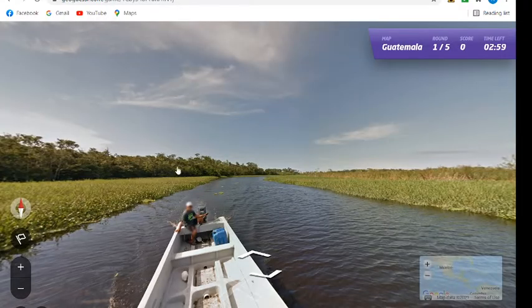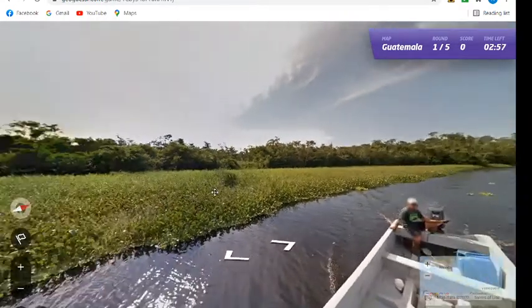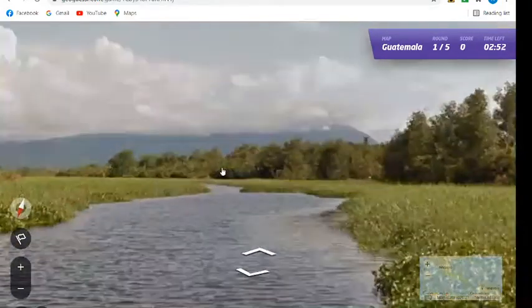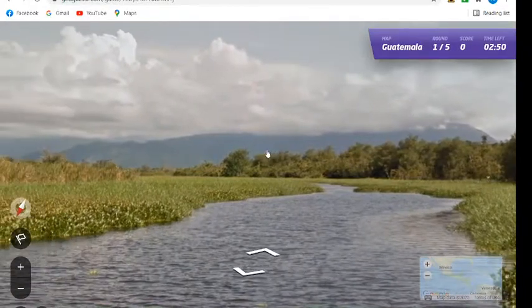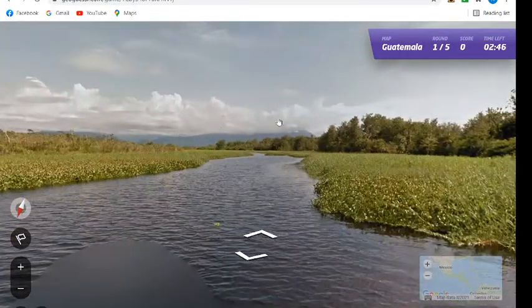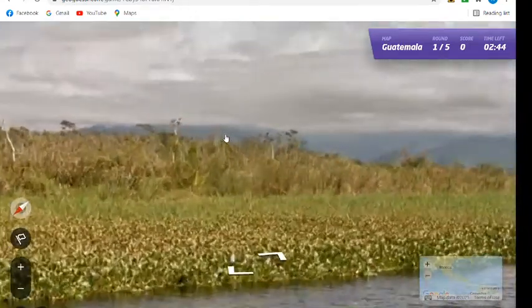All right, so we're in a boat. We have, looks like, modest hills. I mean, there could be a volcano hidden behind the clouds.